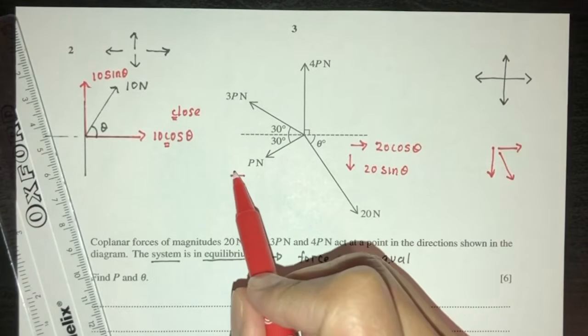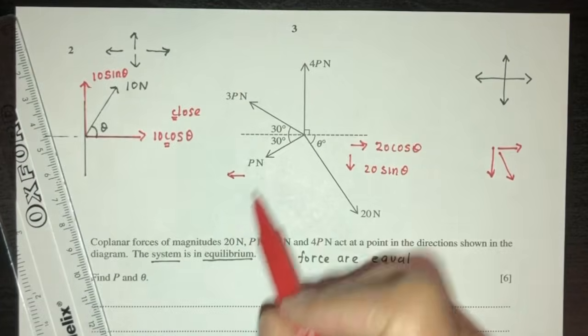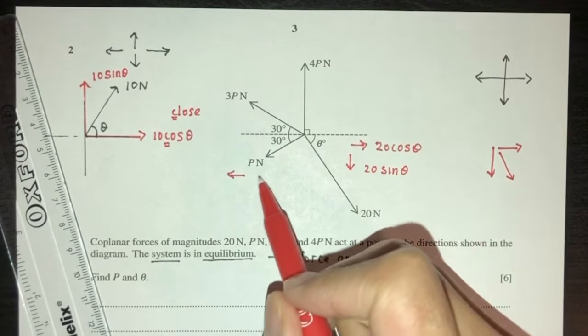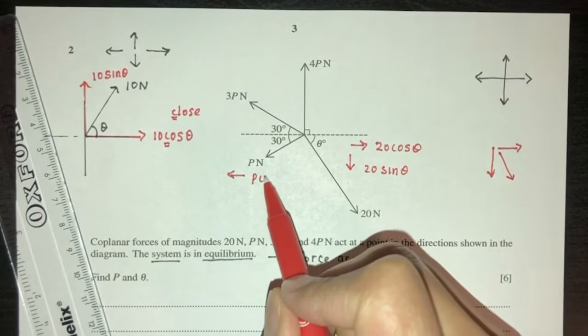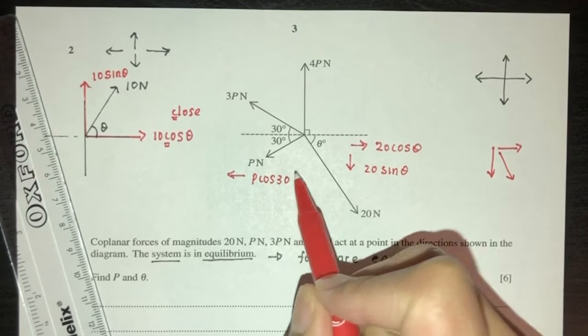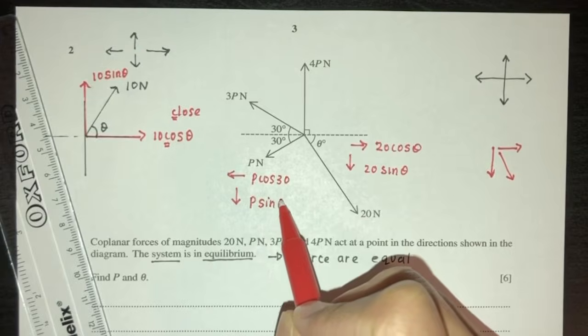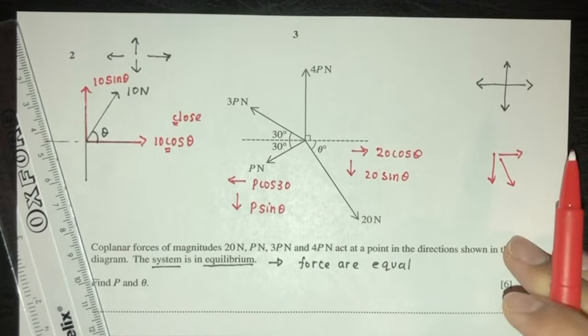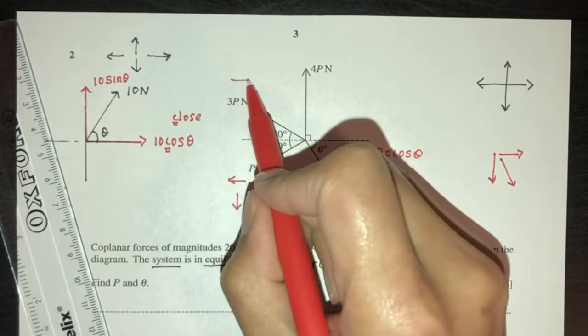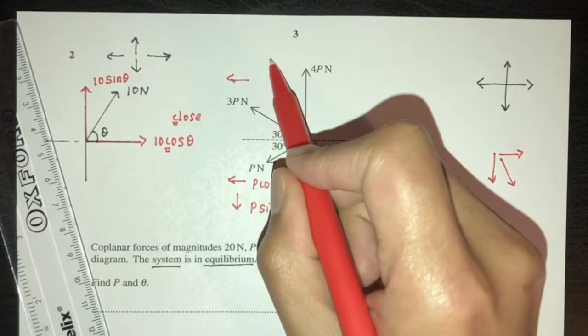Same way, this one will have to be in this direction. Since it is close to your angle of 30, we have to use P cos of 30, and the one in this direction will be P sine of 30. And for this one, it will be in this direction and up, right?